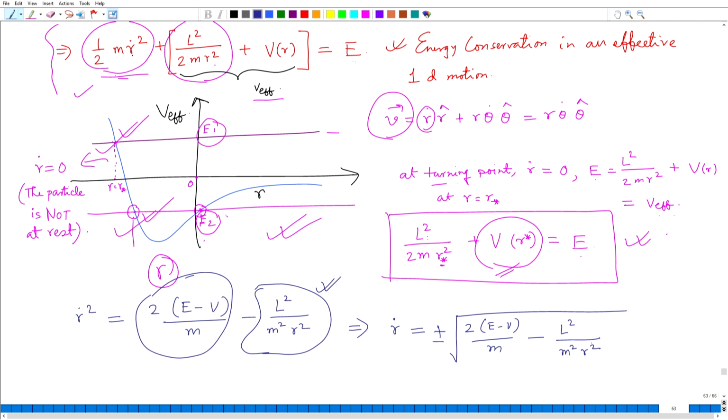Okay. Now, even if you do not understand what is exactly happening when the particle is changing its displacement from one r to the other, one very straightforward thing you can notice is that this r dot is a variable which changes in a motion continuously. And it can also have plus or minus values.